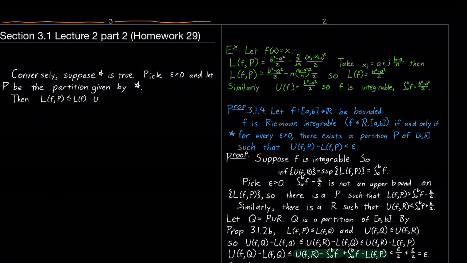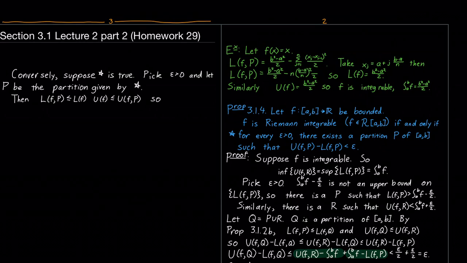Actually, we don't really need that. We just need that the upper Riemann integral is less than or equal to this particular Darboux sum. So then we write U of F minus L of F. We do in fact need that the upper Riemann sum is bigger, so we note that this thing is not negative.